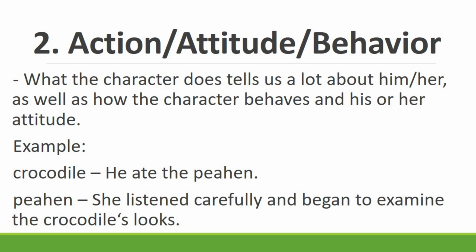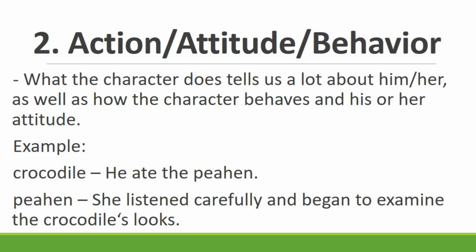So, for example, the crocodile, it says here from the story, he ate the peahen. And the peahen, she listened carefully and began to examine the crocodile's looks. So these are the action, the attitude, or the behavior that was mentioned from the story.